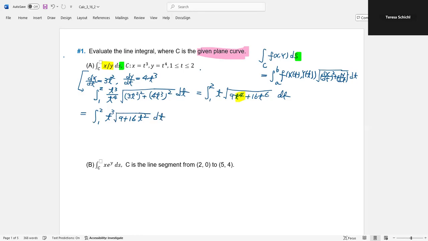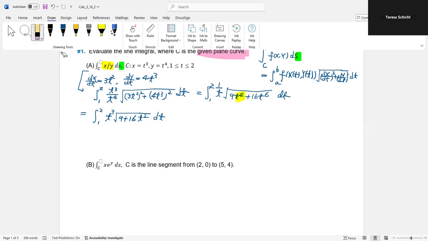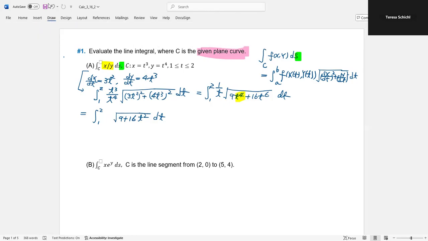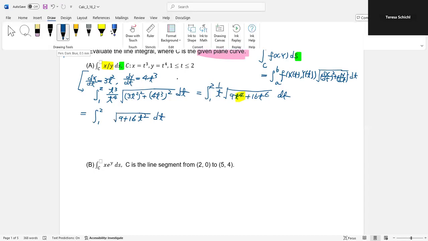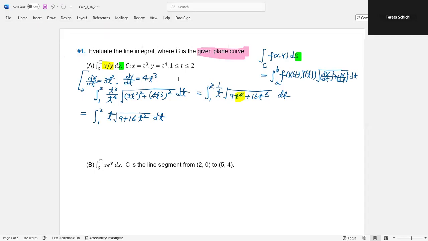Sorry, I made a mistake. This is t cubed over t to the 4th, so it should be 1 over t. And 1 over t, when you take the t squared out, I did not pay attention here. When you take a t squared out, this will be a t by itself.